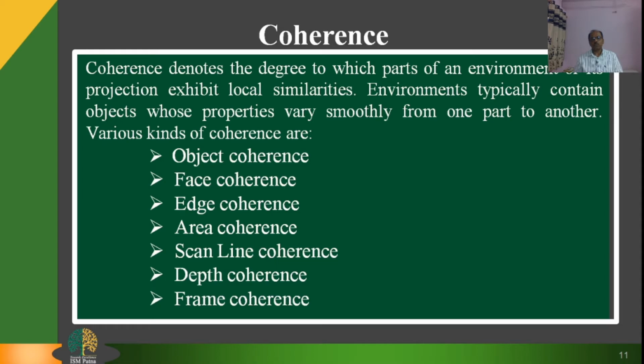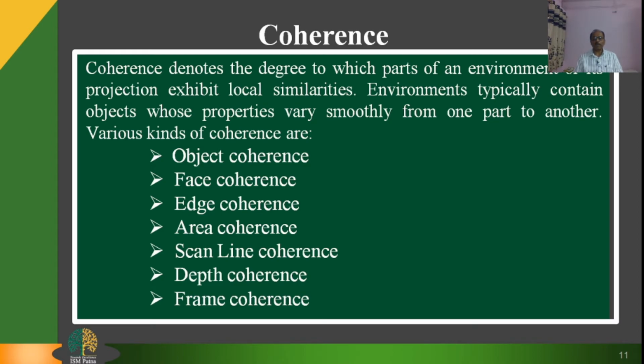There is a term, coherence, which we use while developing our graphics packages. Coherence denotes the degree to which parts of an environment or its projection exhibit local similarities. Environments typically contain objects whose properties vary smoothly from one part to another.